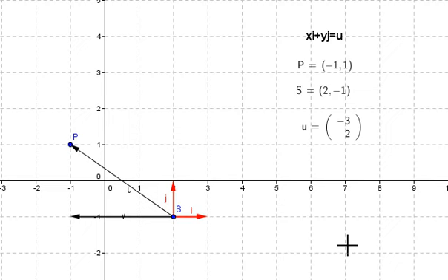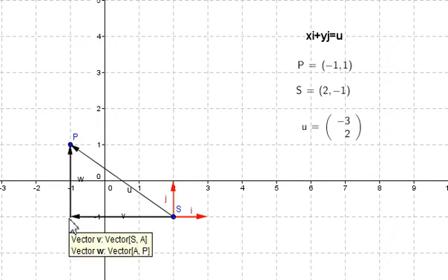Okay, and now the vector along the y-axis is 1 minus negative 1, and minus negative 1 is plus 1. 1 plus 1 is 2. So the other vector w goes 2 units up.